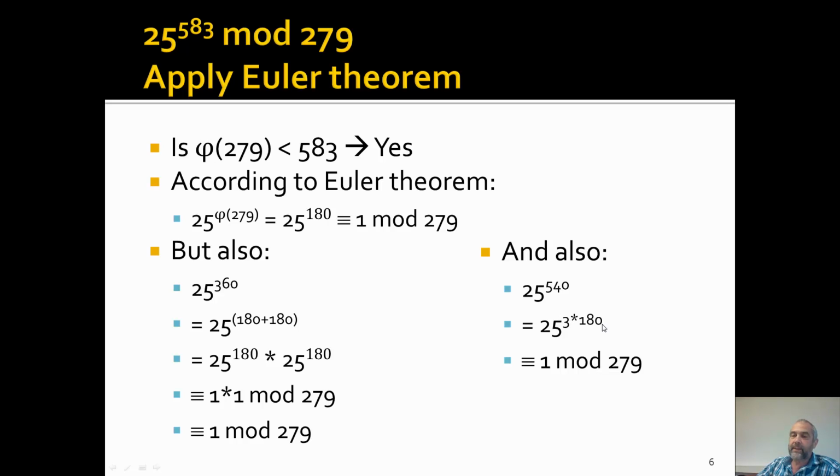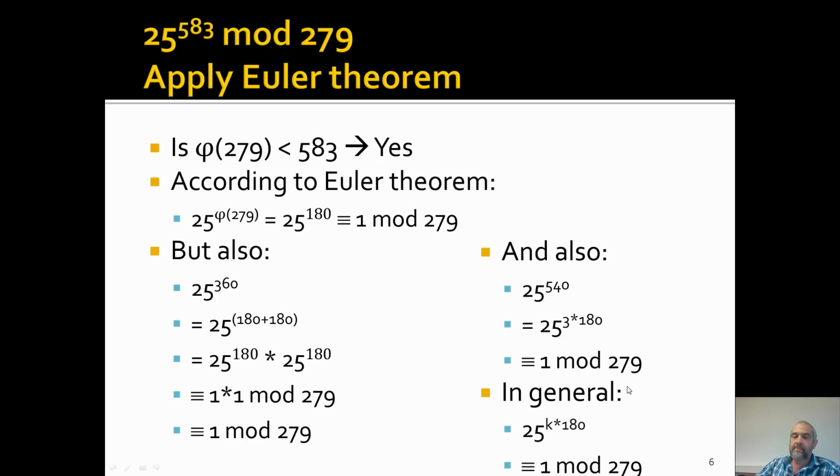And 4 times 180, 5 times 180, they are all congruent to 1. Well, in this case, we have to work with this power 583. We know now that 25 to the power 540 is congruent to 1.